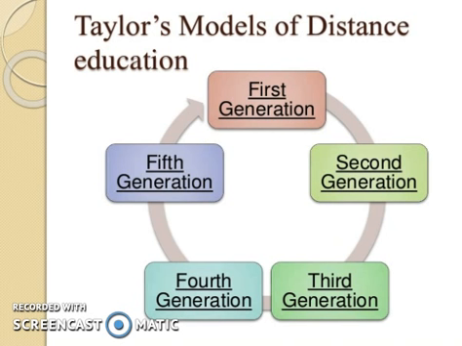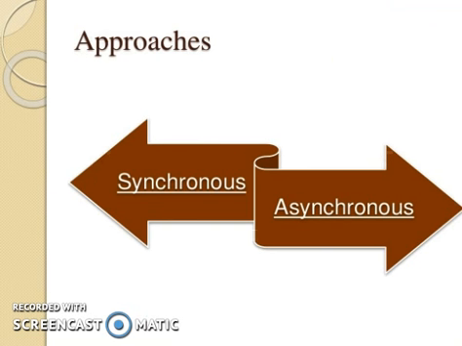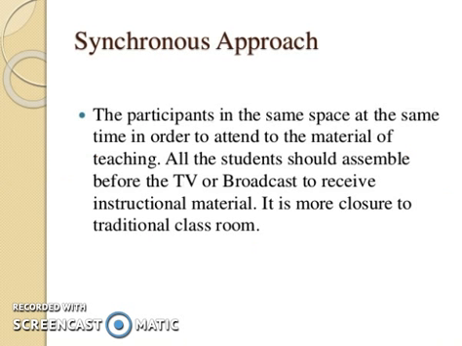Taylor's models of distance education are divided into five generations: the first generation you see here, then second, third, fourth, and the fifth one. Their approaches are synchronous and asynchronous. So what is the synchronous approach?